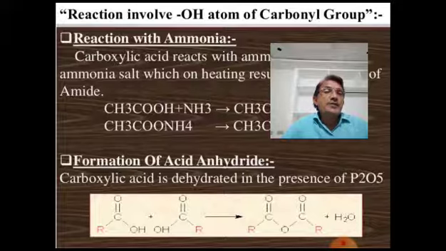So, acid anhydride is formed by the dehydration of two carboxylic acid molecules.